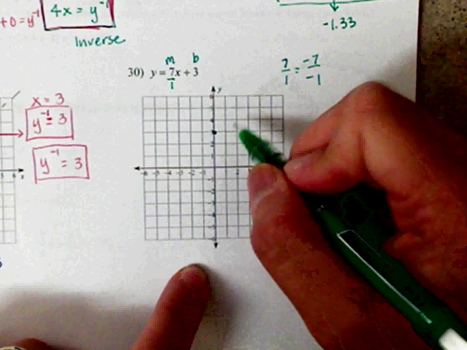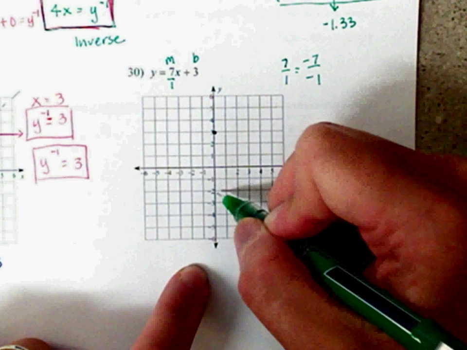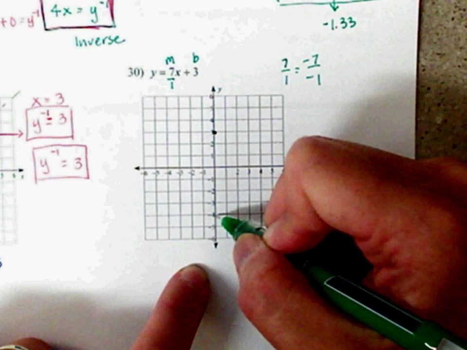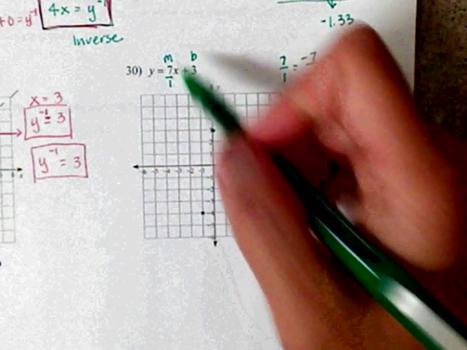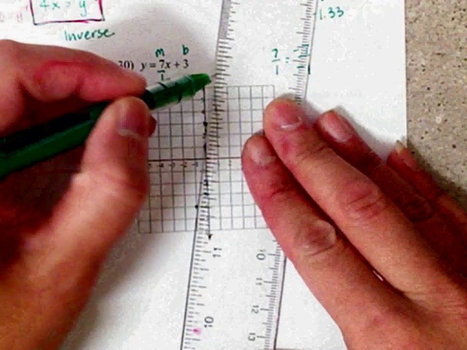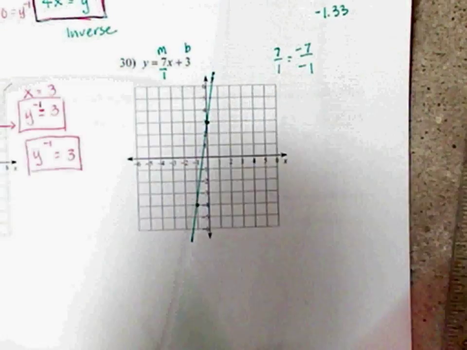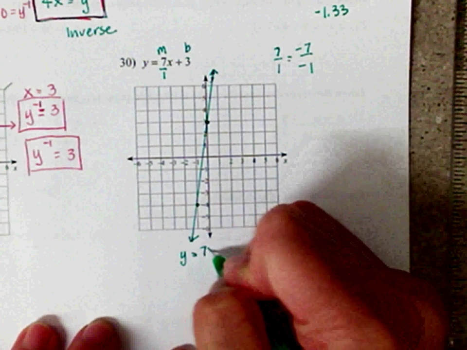See my point? 1, 2, 3, 4, 5, 6, 7. Negative 1. And there I have my graph. Positive, going in the positive direction. Okay. So there is your y equals 7x plus 3 equation.